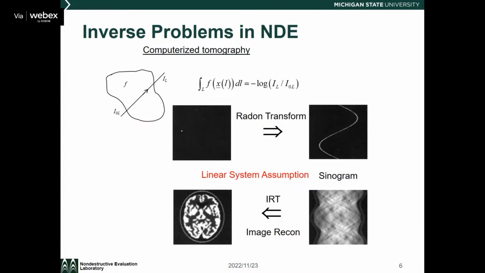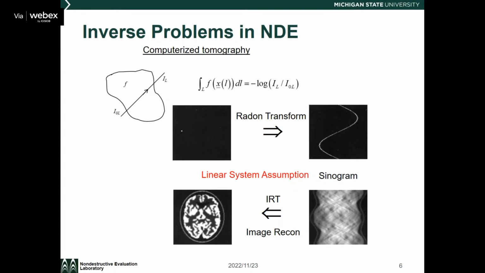Well, f is a function of a spatial coordinate vector x, and you can parameterize that along the ray, the straight line, the arrow here. So x can be parameterized using L, and if you integrate the material function f along this L, capital L here, the relationship is nothing but exponential decay, right?